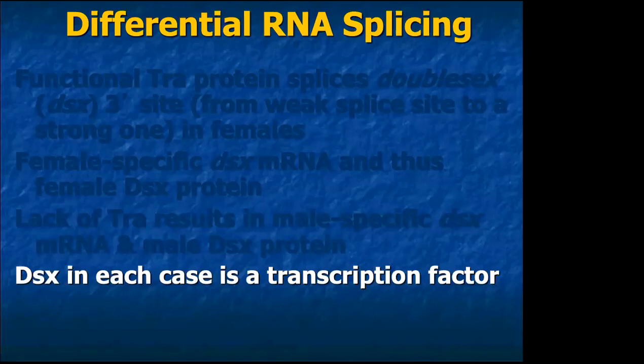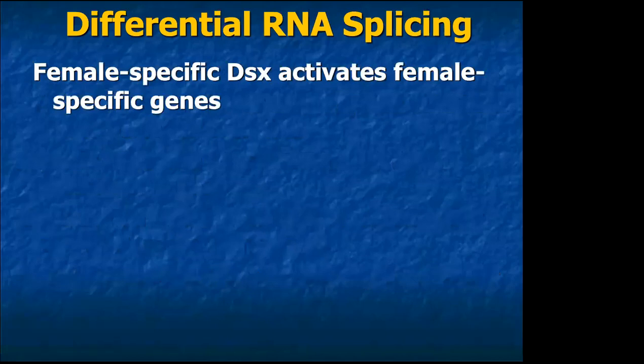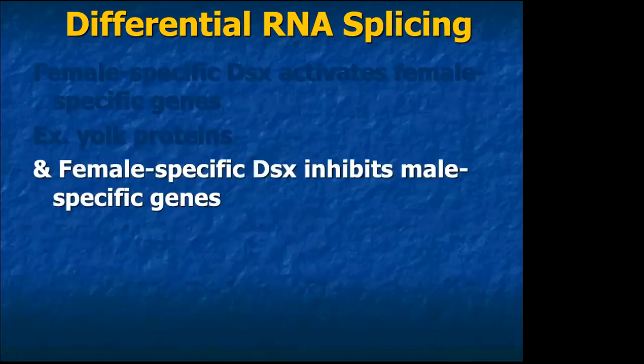In each case, double sex is a transcription factor. It's going to turn on some genes, turn off other genes. The female-specific double sex activates female-specific genes, for example, yolk proteins. And it's also, equally important, going to inhibit male-specific genes.